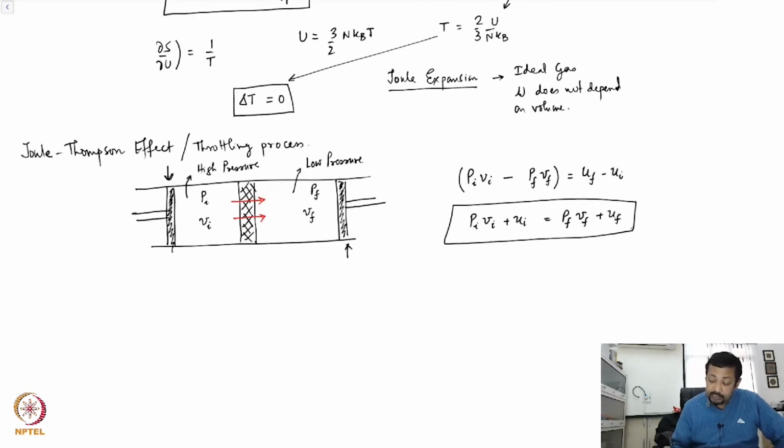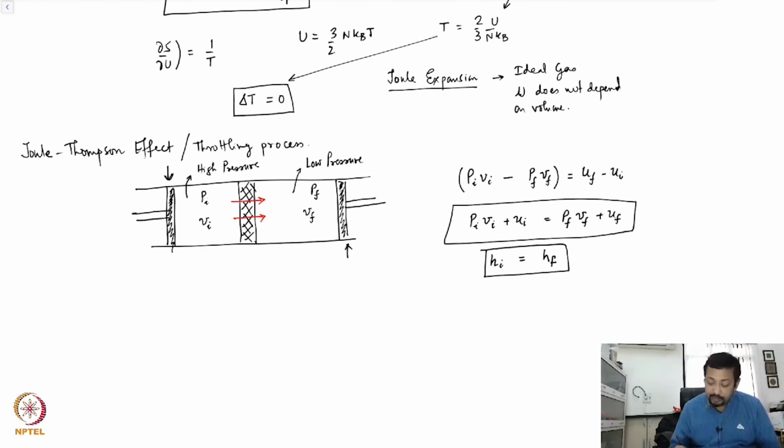Now you immediately see that for 1 mole of a gas, the molar enthalpy in the initial state, the left hand side, is going to be the molar enthalpy in the final state.